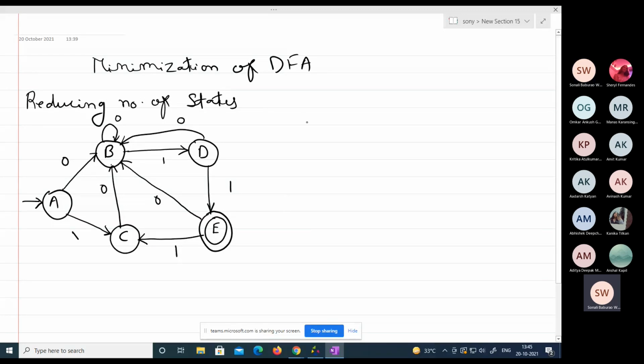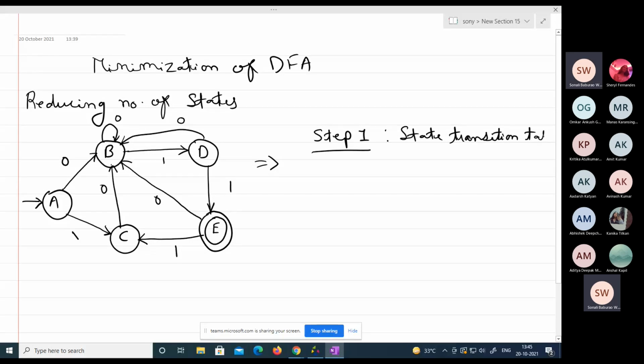The question is, you have to minimize this DFA. So we'll have a solution over here. Always remember that in step number 1, you have to construct a state transition table.